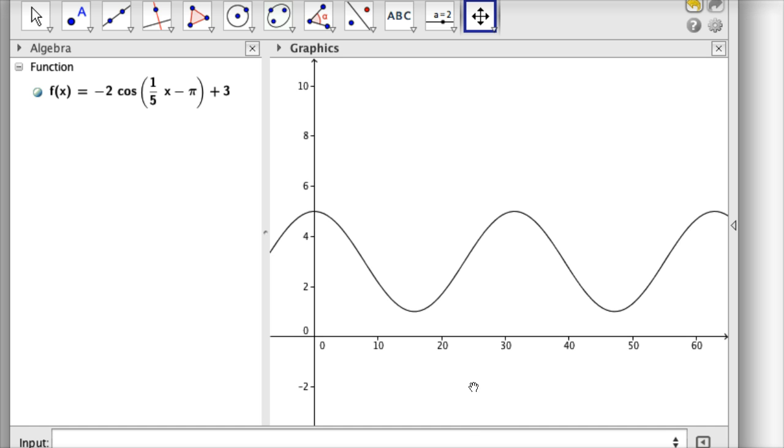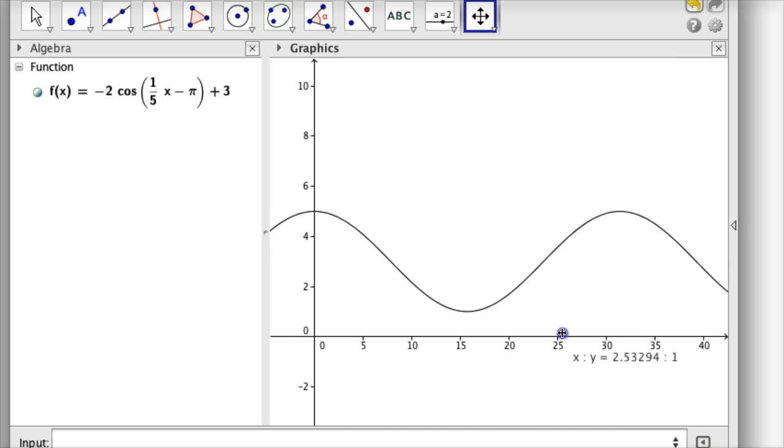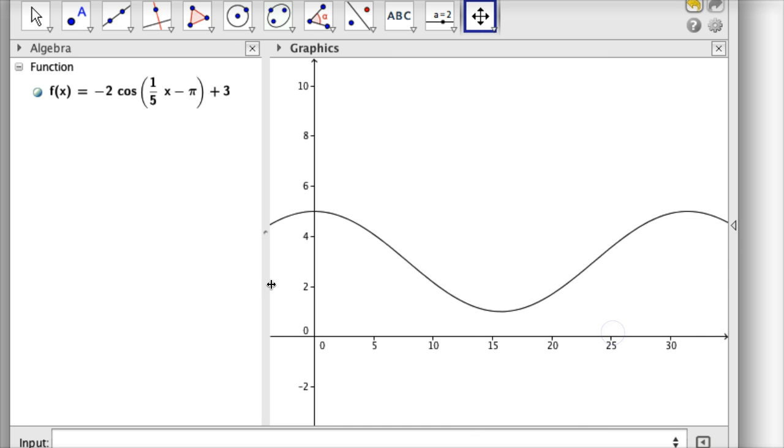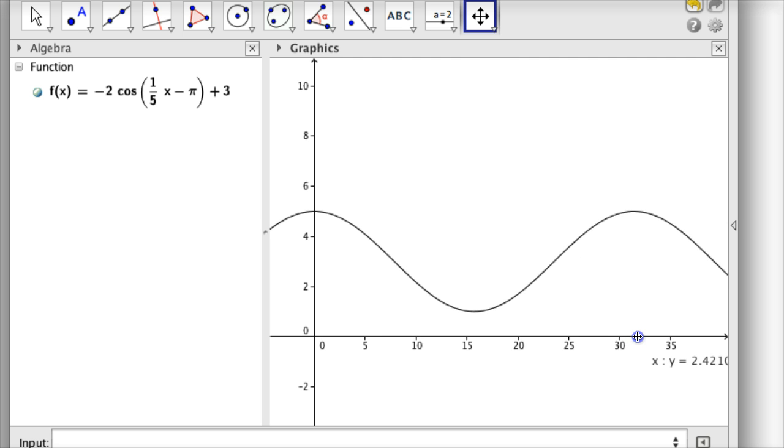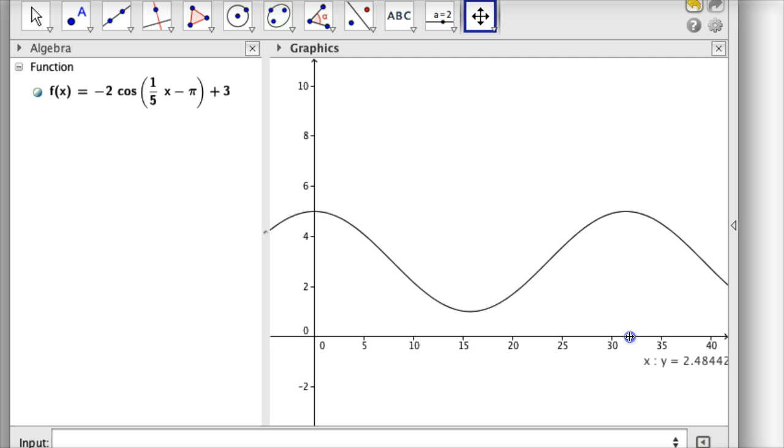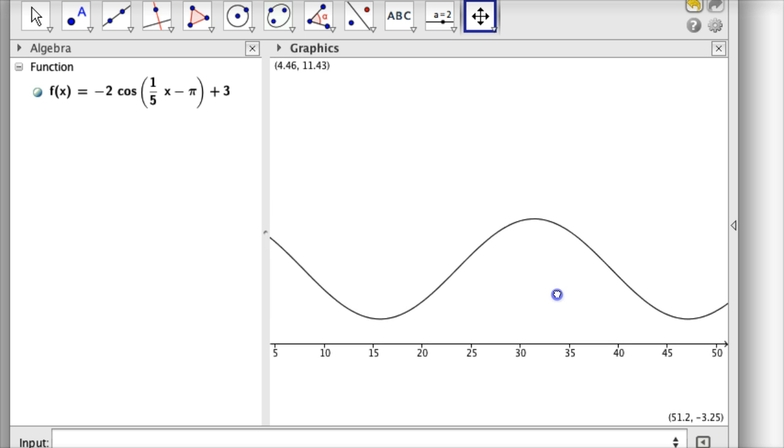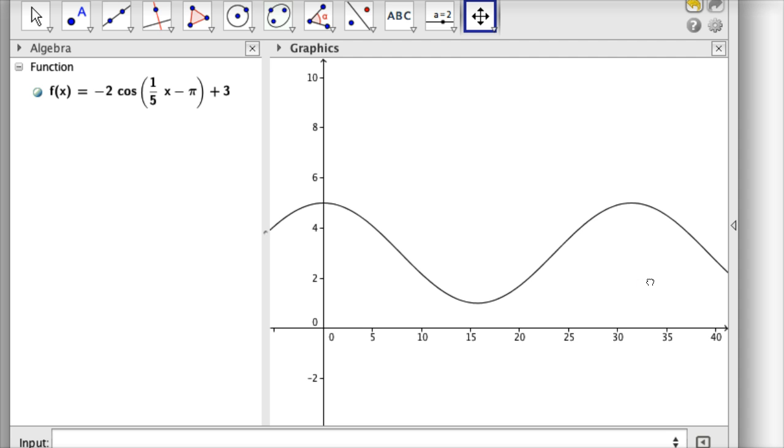And I really had to stretch it out, or shrink it down. Here it's going by 5s, and you can look at how stretched out that is. 10 pi is 31. So it's every 31 about is going to be a full cycle. And so there you go.